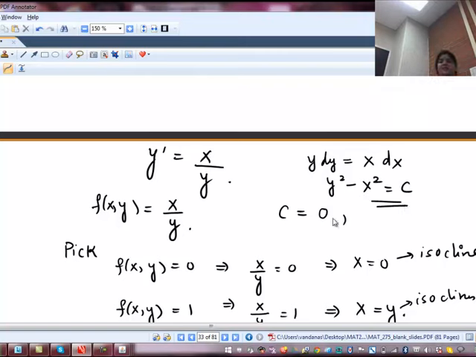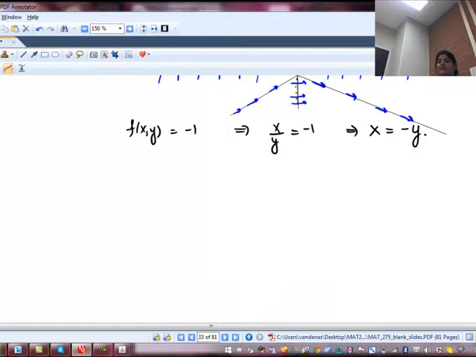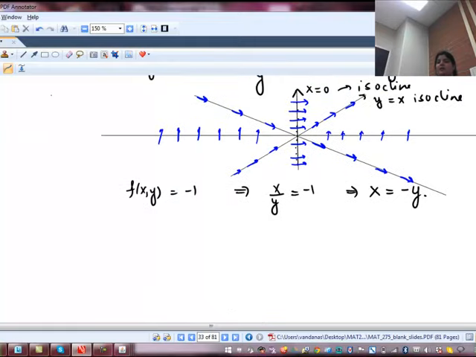So that's exactly what I am getting here: if I am in this region, I will be moving like this. As my pen is going here, I'll start from here, I'll move like this. And if I am here, we have to figure out how things are. Here it will be going downwards, like this.